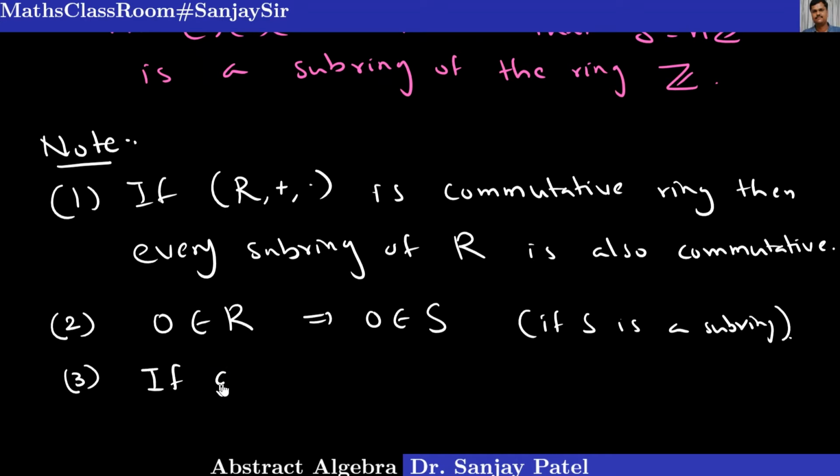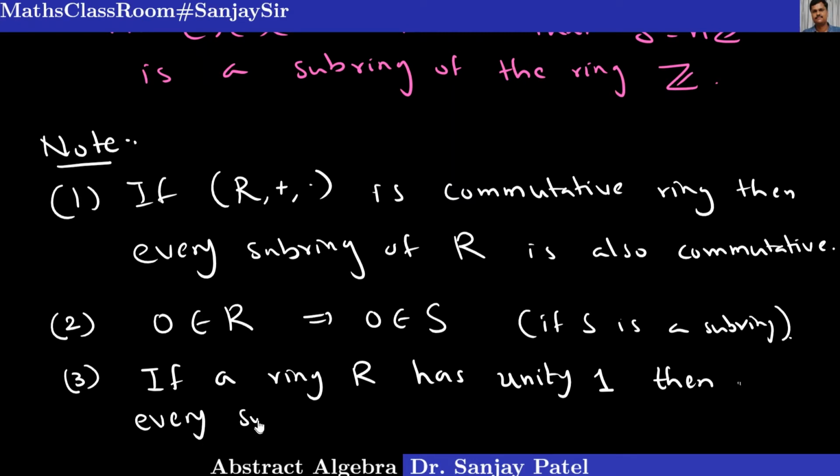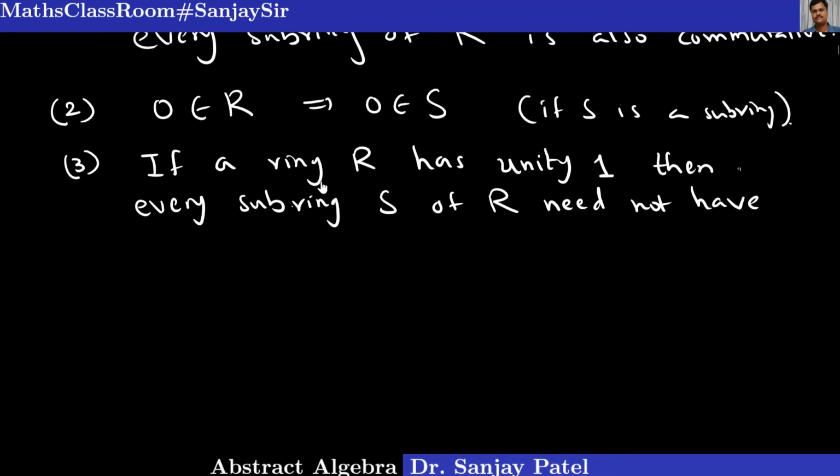If a ring R has a unity element, say 1, then every subring S of R need not have unity, or even if unity exists, it need not be the same.